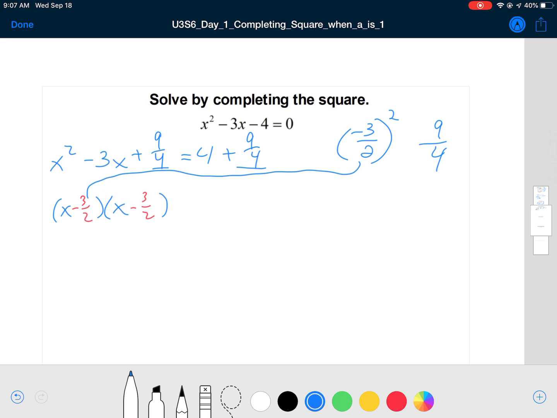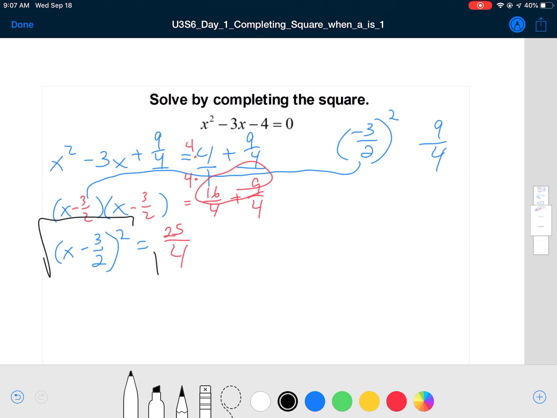So over here, when I'm factoring, it's x minus 3 halves squared. Now over here, I'm going to need a common denominator. So I'm going to change that by multiplying the top and the bottom by 4. So there's 16 over 4 plus 9 over 4. Add the two tops together, but the bottoms stay the same. That's going to give me 25 over 4.